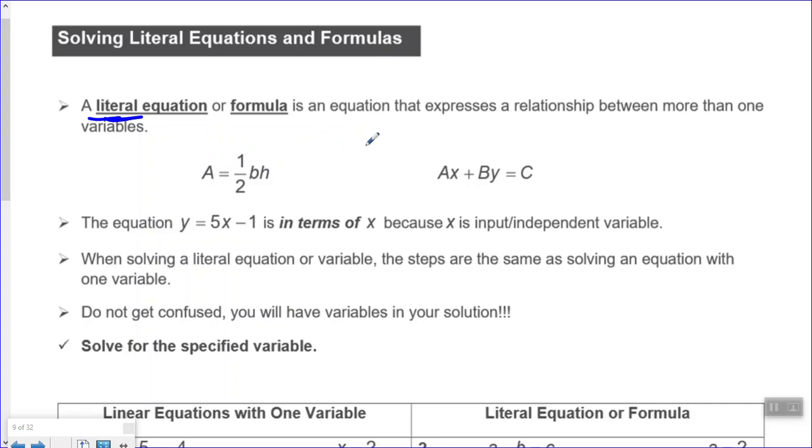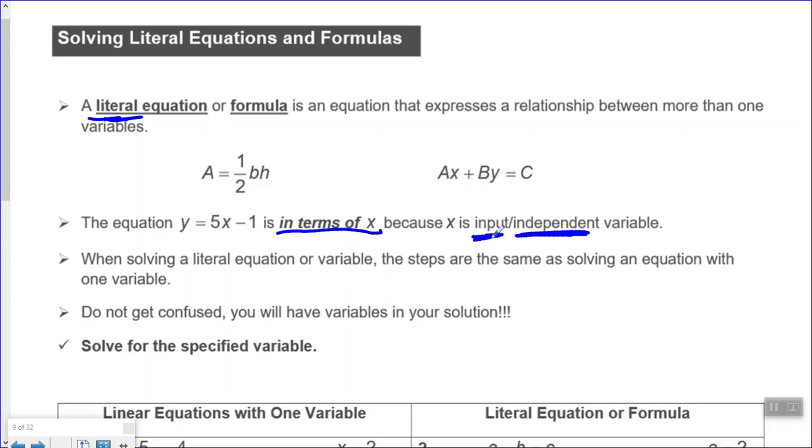They are all variables. And Ax plus By equals C, they are all variables. The equation y equals 5x minus 1 is in terms of x because x is the input, the independent variable.